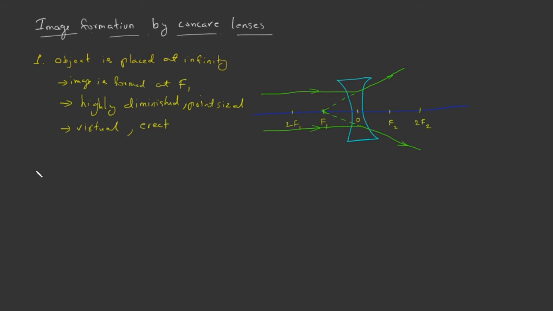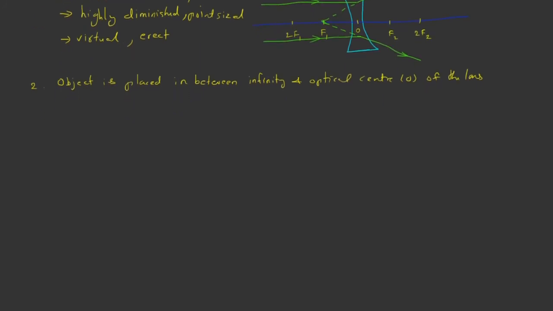Now we are going to study the second case, that is, the object is placed in between infinity and optical center of the lens. So, for understanding this case, we are going to draw the ray diagram.